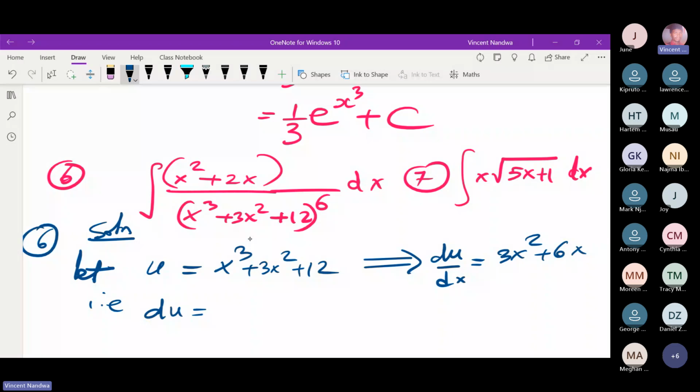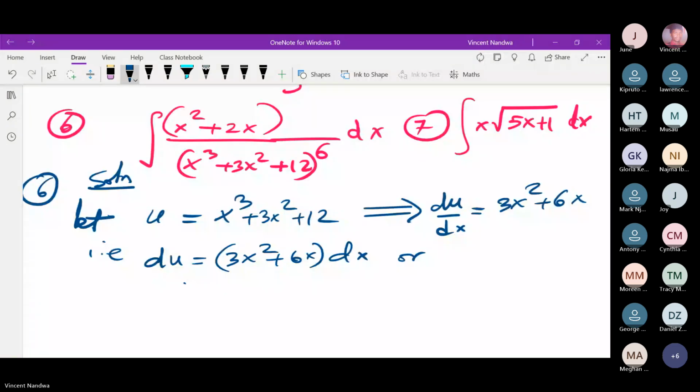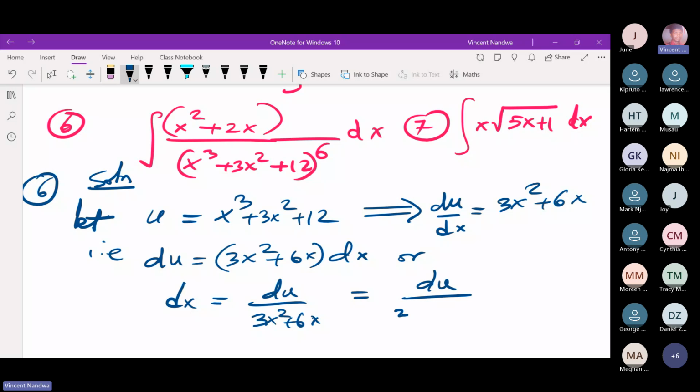Or if you make dx the subject, divide both sides by the number in the bracket, so du over the bracket. And this can be written as du over 3, since 3 is common, so I'll have 3 into x squared plus 2x.